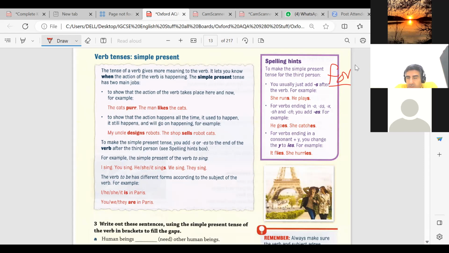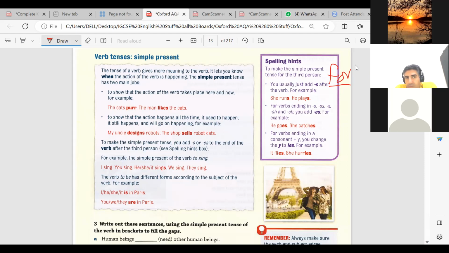When you heat water, it boils. Fact. Or to express your habit, what you usually do every day. For example, I go to school by car every day. I have breakfast with my family every day. Here, your habit. Okay, Akram?